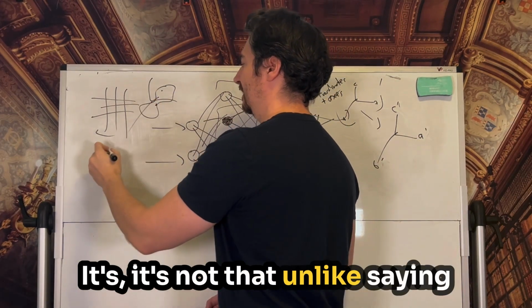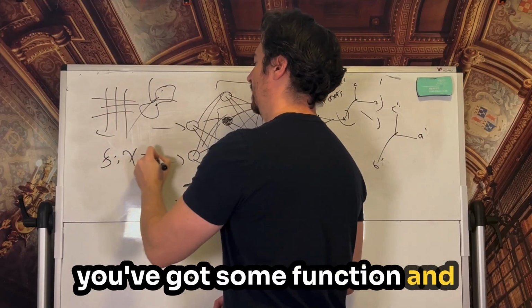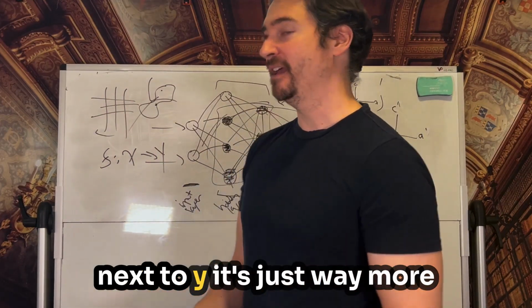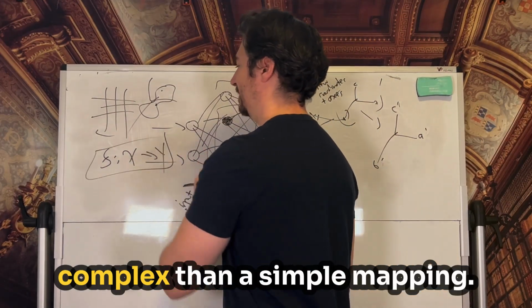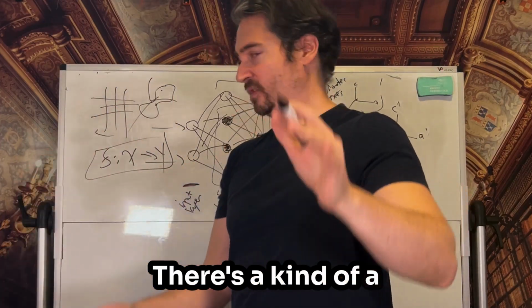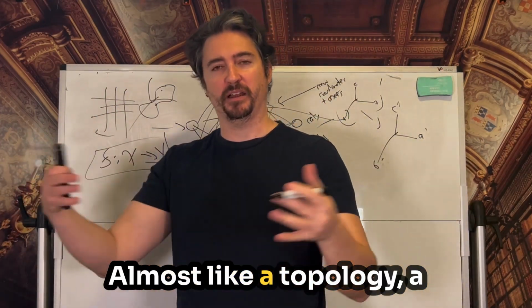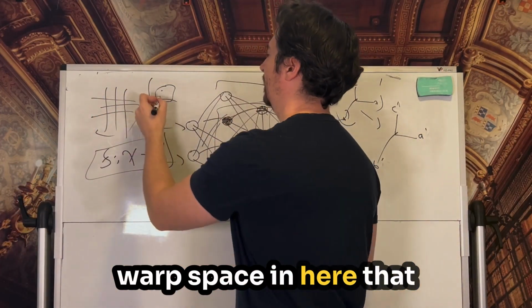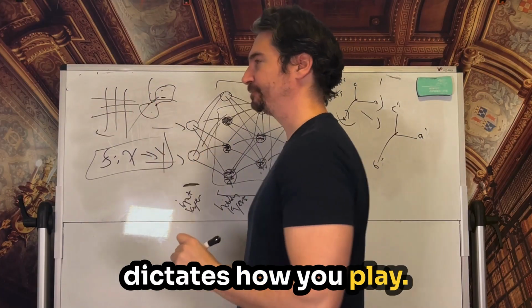It's not unlike saying you've got some function locking in rules from X to Y, just way more complex than a simple mapping. It's almost like a topology, a warped space that dictates how you play.